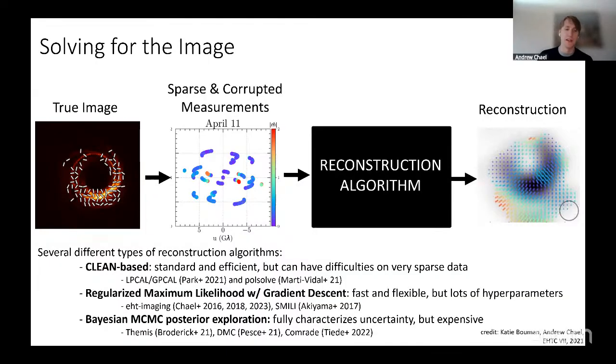Then the innovation when I entered the field, which we built EHT imaging around almost 10 years ago, is this regularized maximum likelihood approach, which uses a forward modeling gradient descent approach by defining a forward model from your image to your data and fitting an image to your data with a likelihood and a cost function. In that, you can include a lot of flexible regularizing functions, which allow you to penalize or favor certain image features, as well as use very different data products beyond what would be allowed in CLEAN.